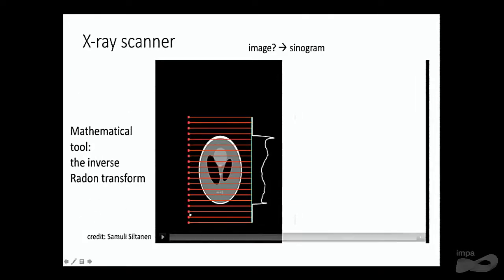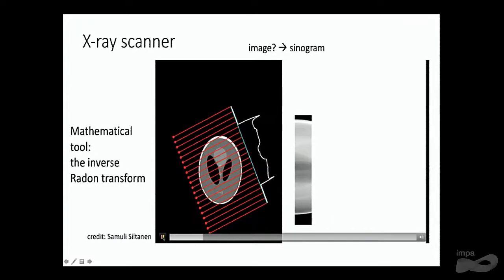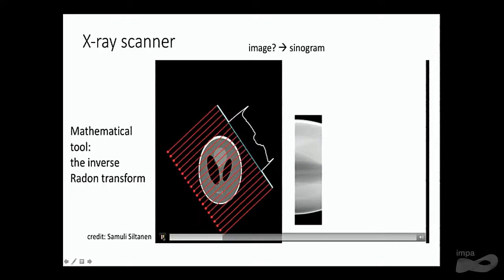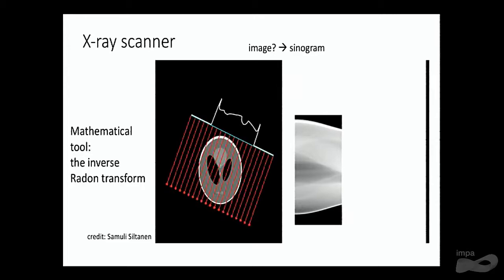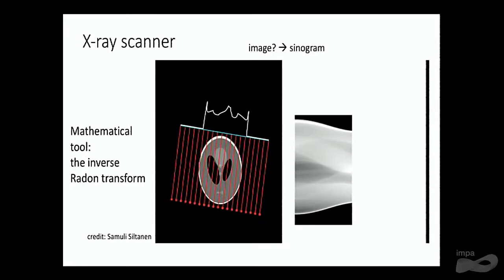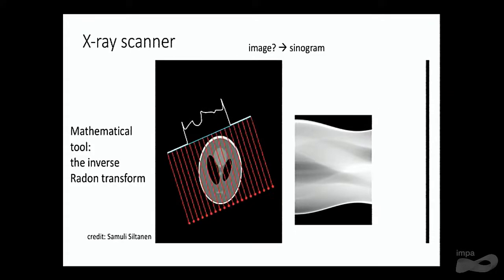And then you can move. Also, this is a video made by Samuli, and you can combine different X-rays. You turn around the body, and you find the different shadows of these rays, and this is called a sinogram.